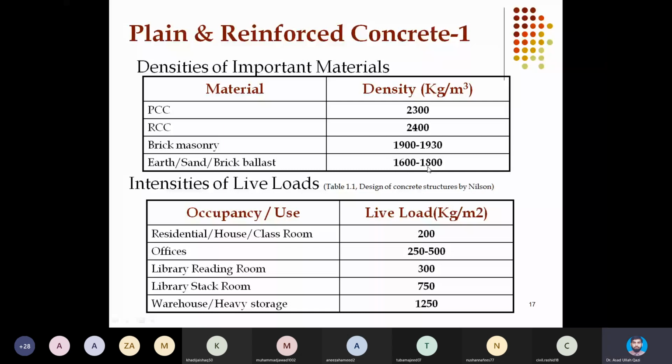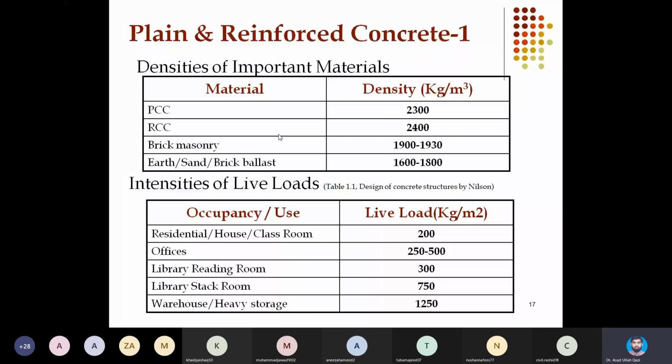Quite safe is that you assume 1800 for the brick ballast or compacted sand. These are densities, and once you multiply them with the thicknesses you can convert them into pressure, or in this way we can calculate the loads of such materials.